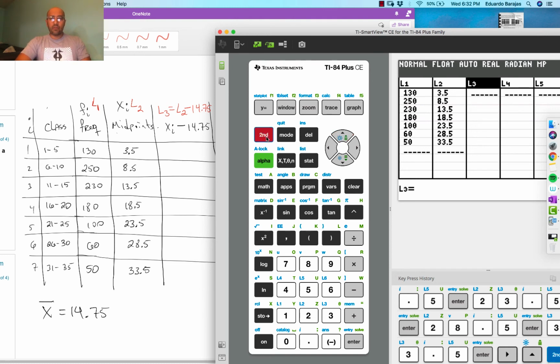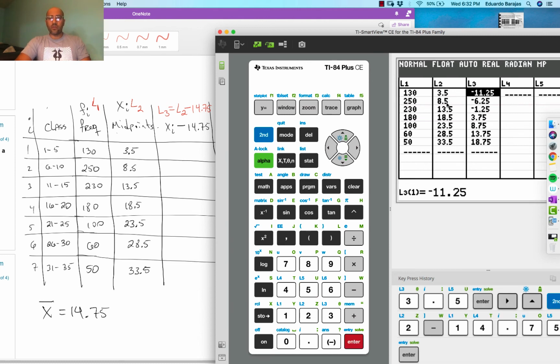And I'm going to set L3 equal to L2 minus 14.75. Hit enter. So that would be each one of these numbers here minus 14.75. Good. And so now that I have that, I can fill out this column right here.